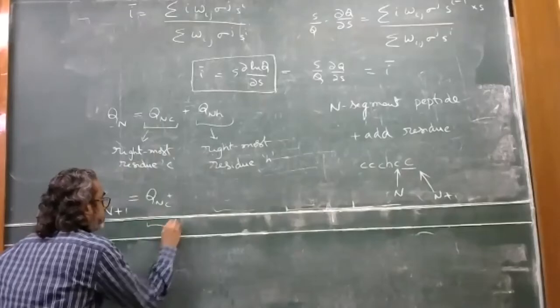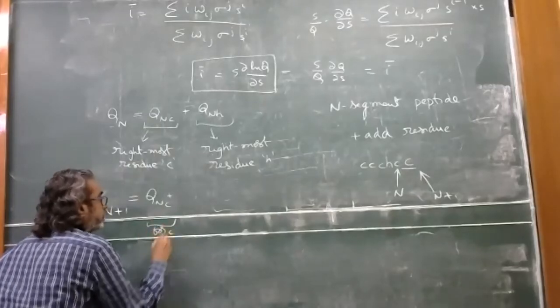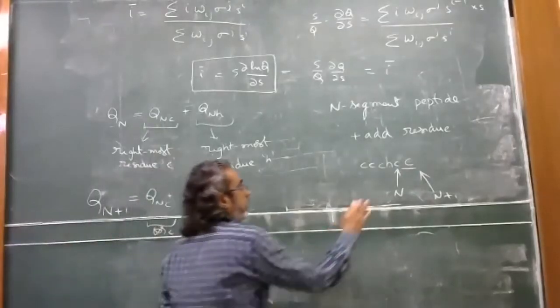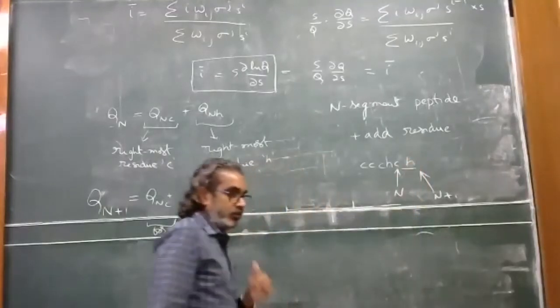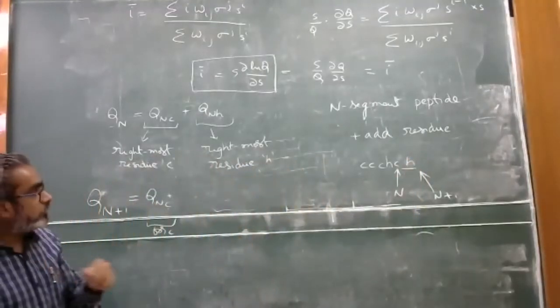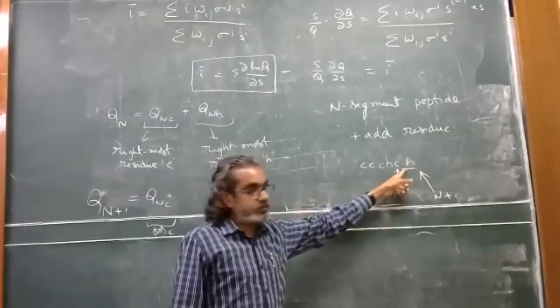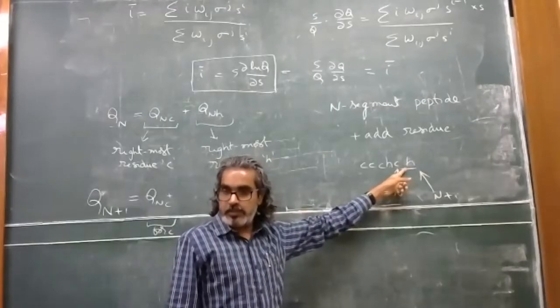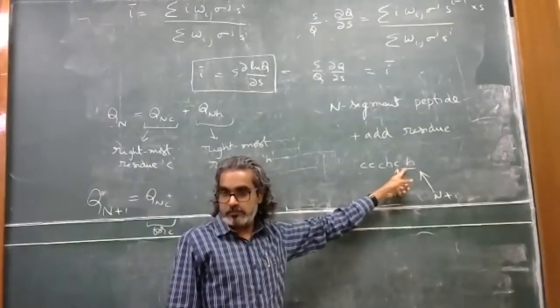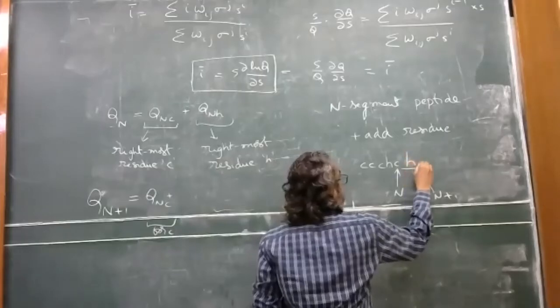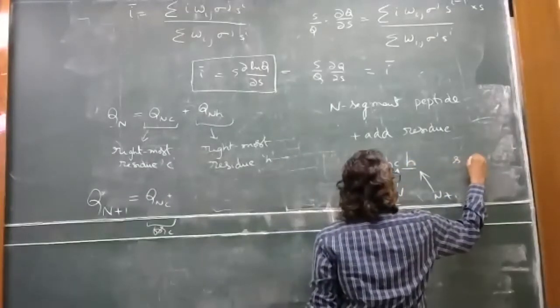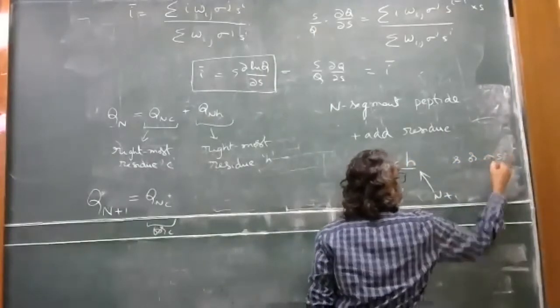Okay, so this is for C. Now, if you add H, some people are saying S, some people are saying sigma S. Which one is correct? Sigma S will be there.